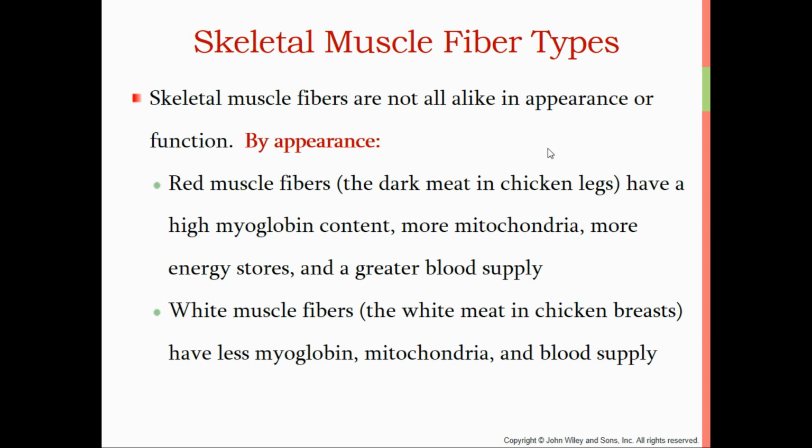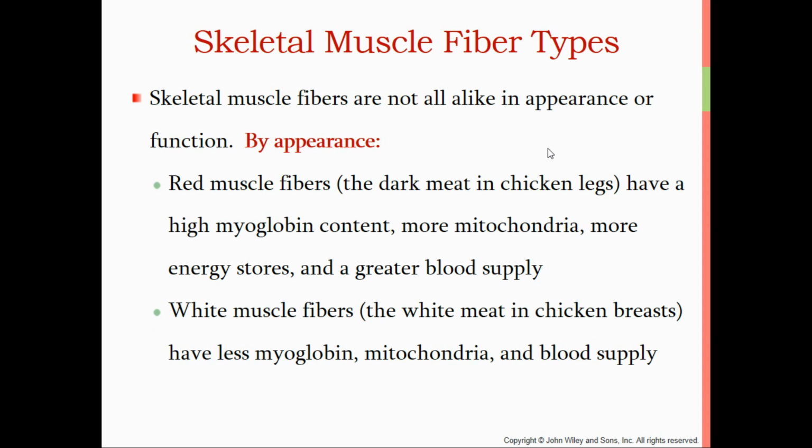So not only do they have the material for prolonged use, the myoglobin, they have more mitochondria to make ATP to keep your muscles moving, and a higher blood supply to provide oxygen to break the glucose down in the mitochondria to make ATP. So your red muscle fibers are typically going to be your more endurance muscle. They'll be able to go for a longer period of time before they fatigue.